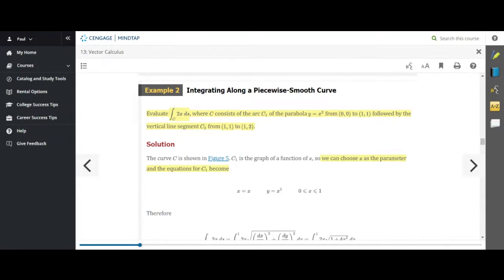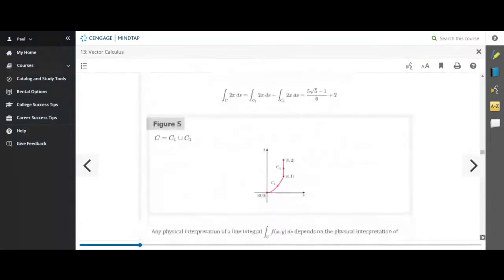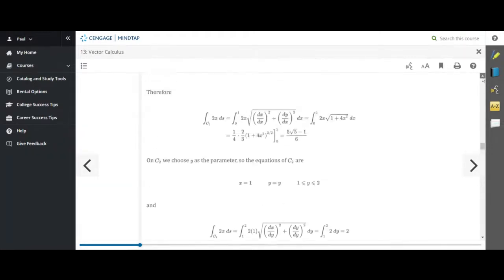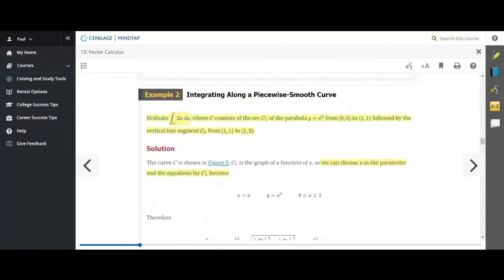If we go to the picture, this is our curve C. There are two separate pieces: the parabola curve C1, and the line segment C2. We have to get the parameterization for each of those curves. Let's start with the parabola.